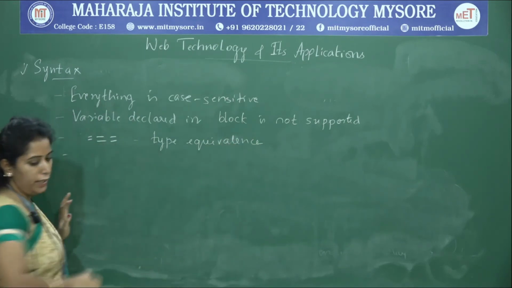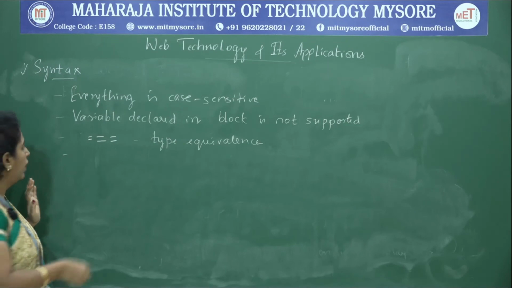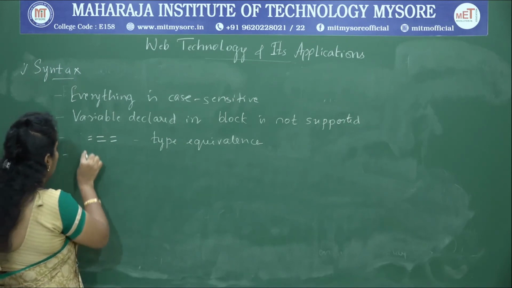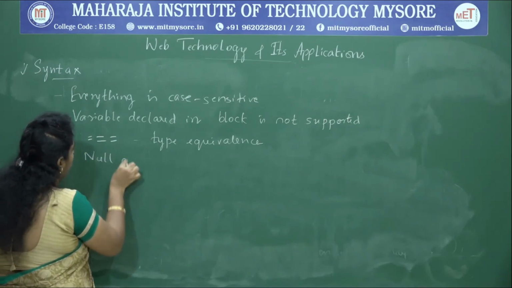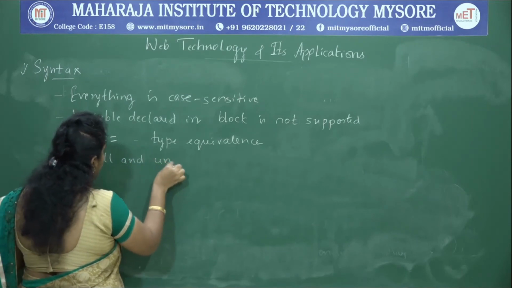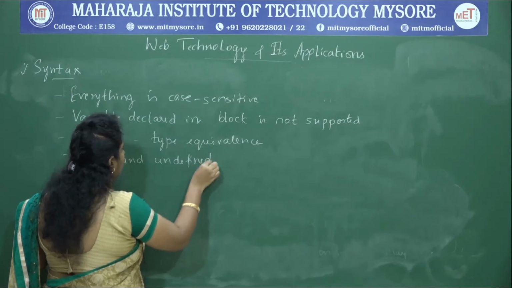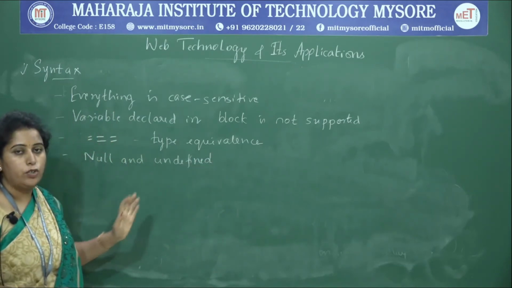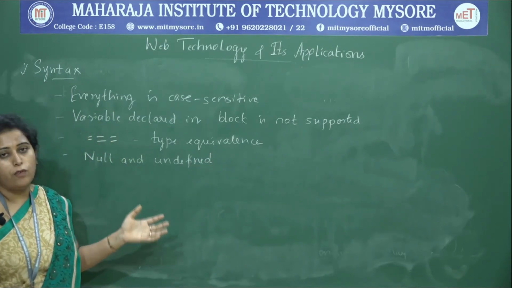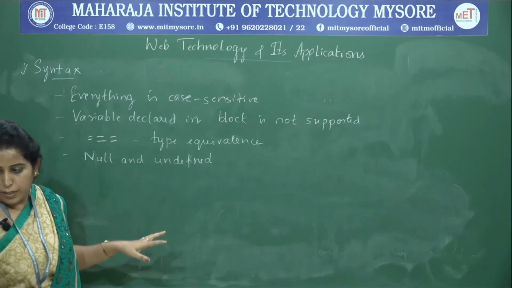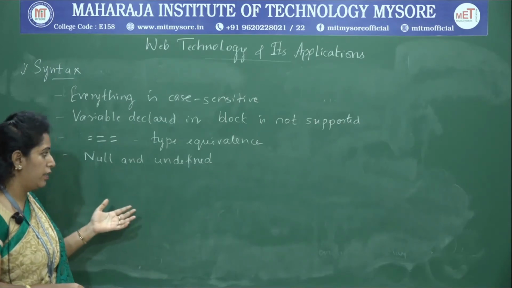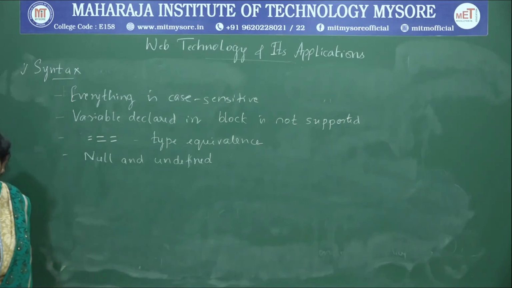Next, there are two values, null and undefined, which are two distinct states for a variable.